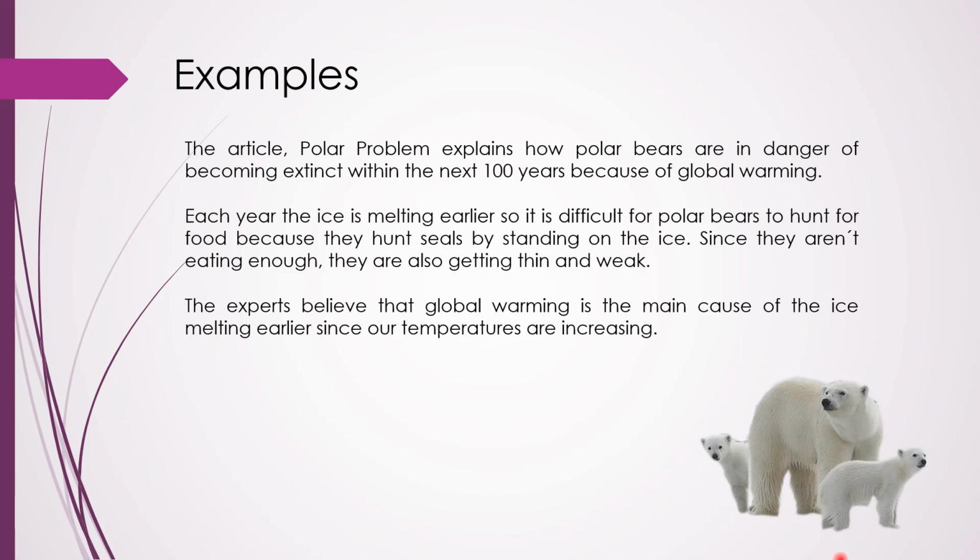The article Polar Problem explains how polar bears are in danger of becoming extinct within the next 100 years because of global warming. Each year the ice is melting earlier, so it is difficult for polar bears to hunt for food because they hunt seals by standing on the ice.